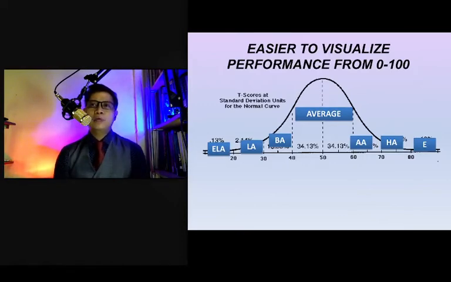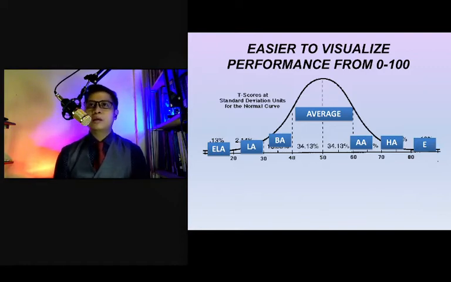Now, ano ngayon ang advantage ng T-score over Z-score? Kasi ang T-score, mas madali siyang intindihin, mas madali siyang i-visualize in our minds. Kasi T-score will just represent a person's performance in a scale of 0 to 100, which is, I think, many people would understand. 'Di ba?